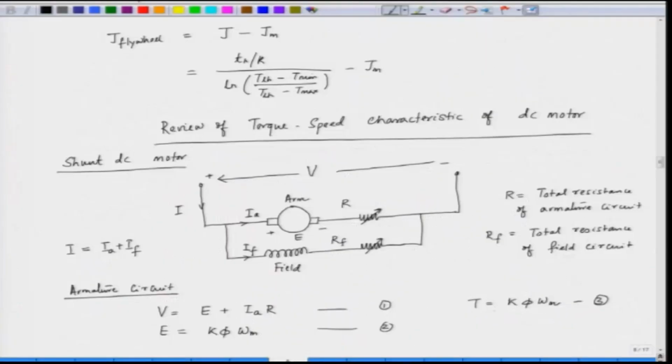Then the torque equation: the torque in a shunt DC motor, when we keep the flux almost constant, T is equal to K phi into omega m. Now, from this we have to find out the speed torque characteristic of a shunt DC motor.